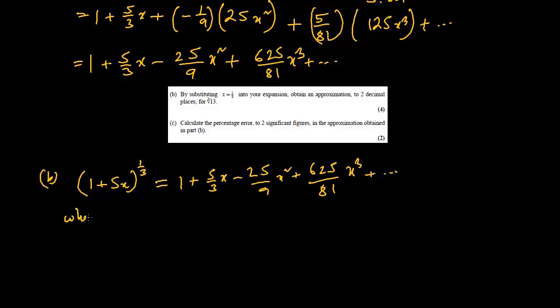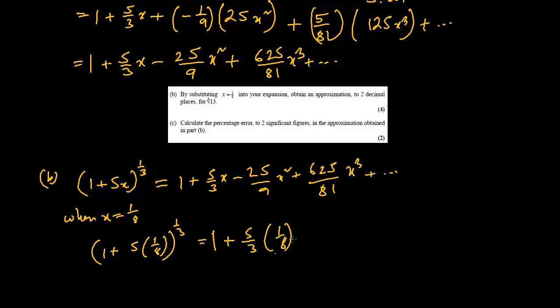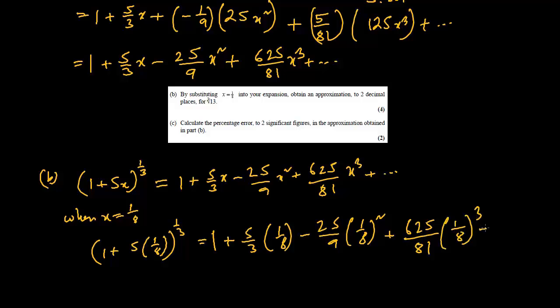So when we write x equals 1 by 8, we can write 1 plus 5 into 1 by 8. In terms of x, we're putting here 1 by 8. And on this side, we're also putting 1 by 8. So plus 5 by 3, this would be 1 by 8. Minus 25 by 9, this would be 1 by 8 whole squared. Plus 625 divided by 81, and this would be 1 by 8 whole cubed.